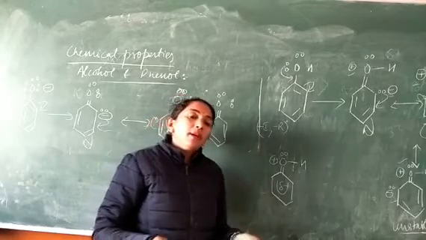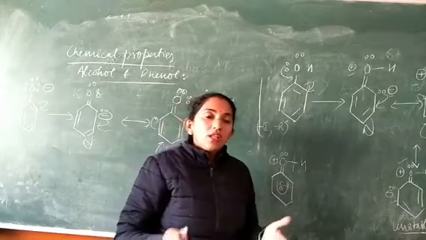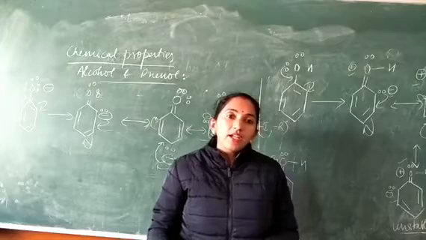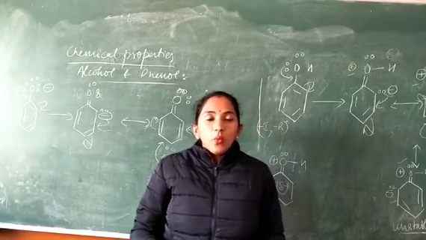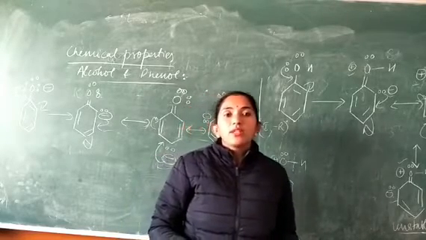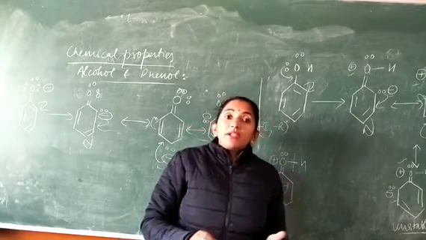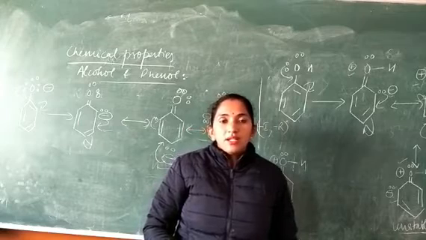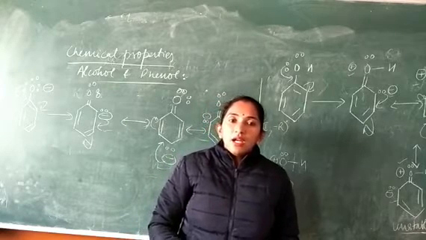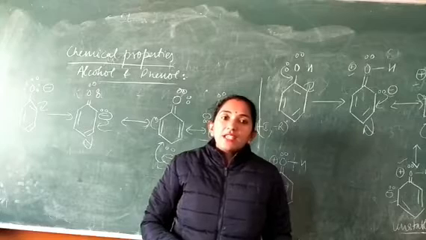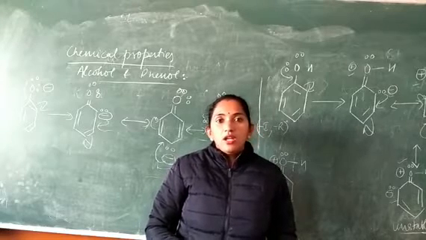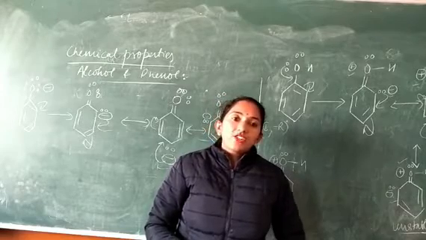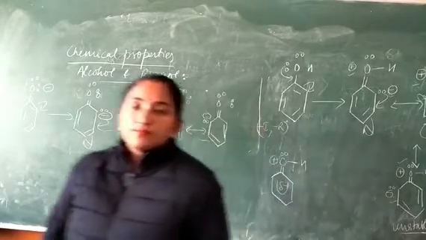Again I am repeating, the alcohol on liberating the proton will form alkoxide ion, which is not resonance stabilized, whereas in case of phenol, when a proton is liberated, it forms the more stabilized phenoxide ion, which is resonance stabilized, right. So we have discussed now the acidic nature of alcohol, phenol, right, and we have compared both, as well as we have compared the acidic nature of alcohol with water.